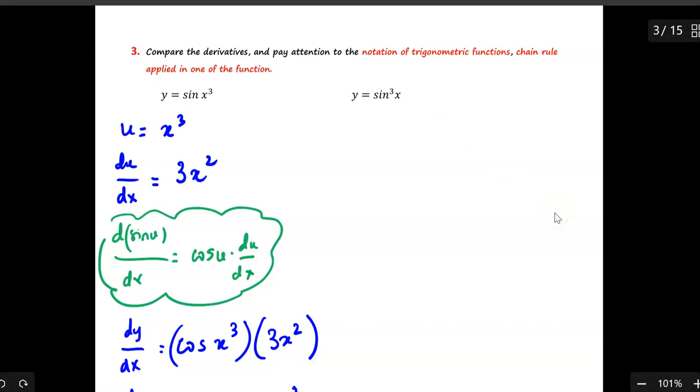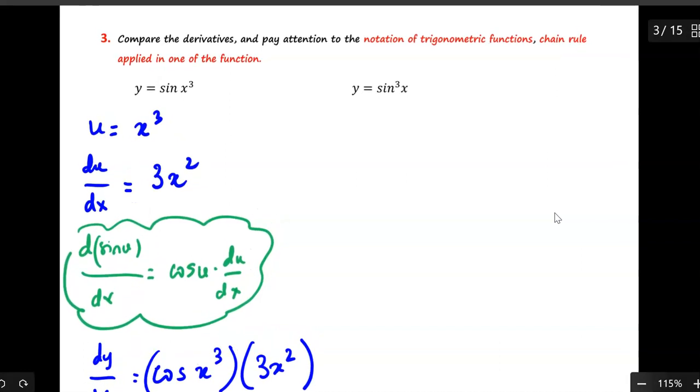I'm going to make a note here for everyone: apply derivative rule of function raised to a power.